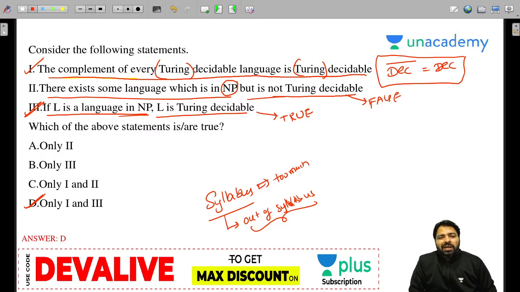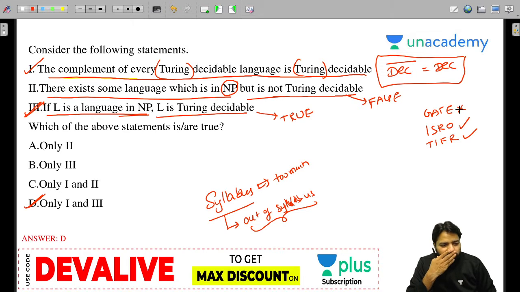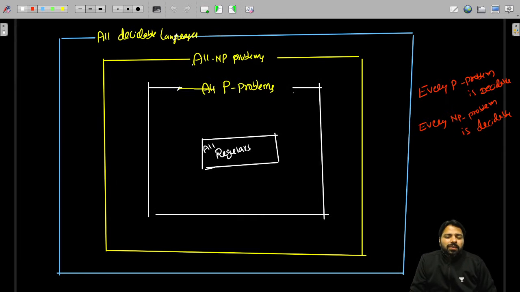That's why I'm saying: if you have the time, please learn, because in ISRO, TIFR or BARC they could ask this question, no doubt. But in GATE, this is deleted already. I cannot discuss it now.